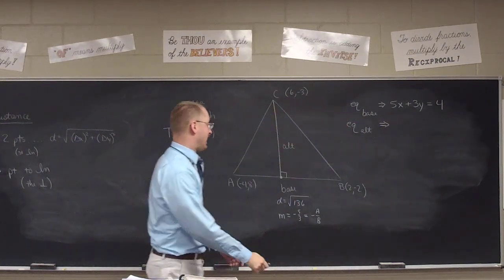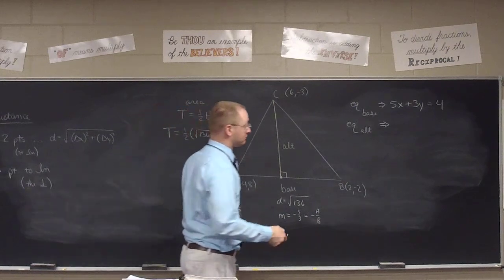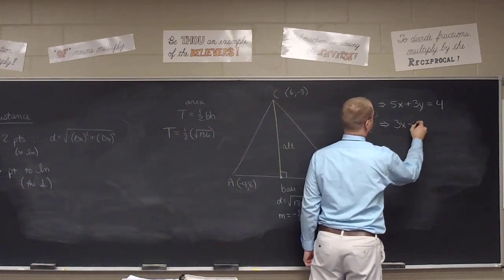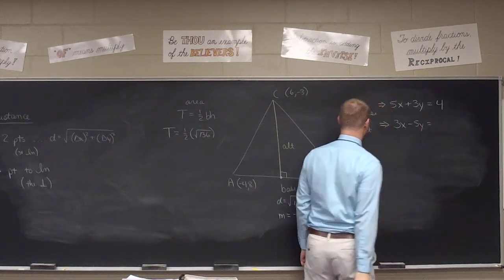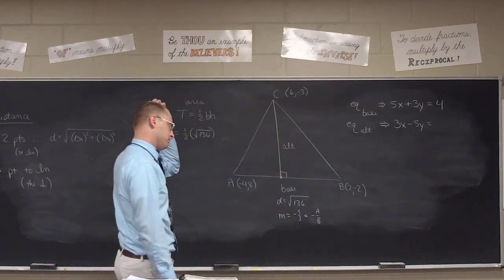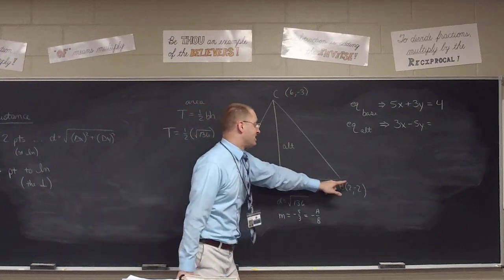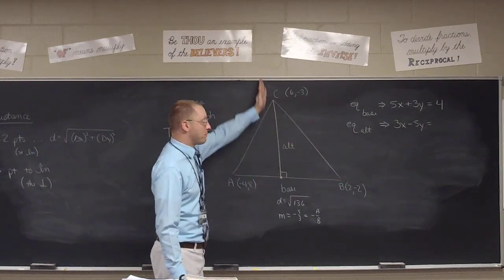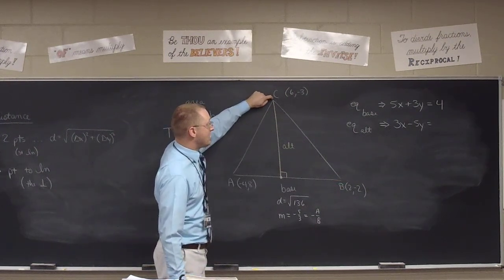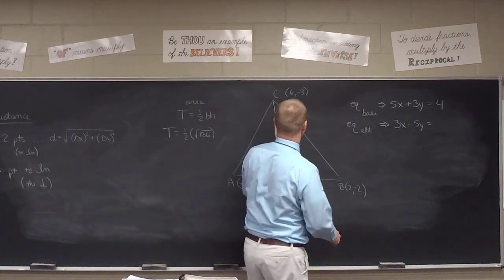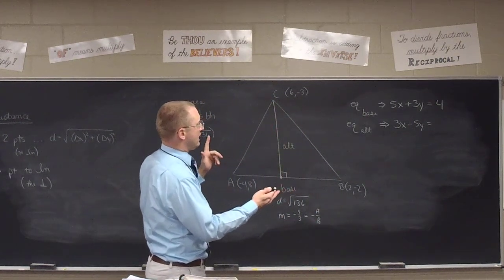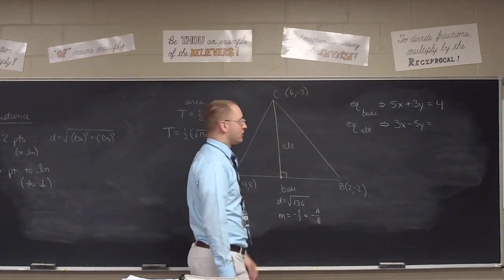Well, I know how the equation of the altitude is going to start. 3x minus 5y equals something. How do I figure out the something? Plug in C. Good. Not A or B, because neither of these is a point in the altitude. The only point I know for sure is in the altitude is the top vertex, C, (6, negative 3). 33.